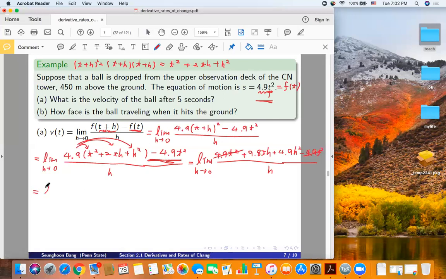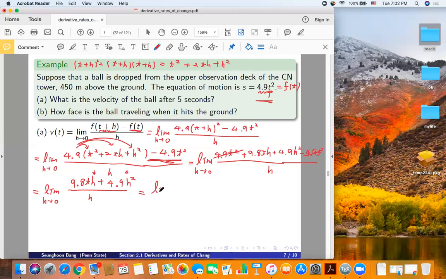So we have the limit as h approaches 0 of 9.8 t times h plus 4.9 h squared over h. The next step, h is a common factor.